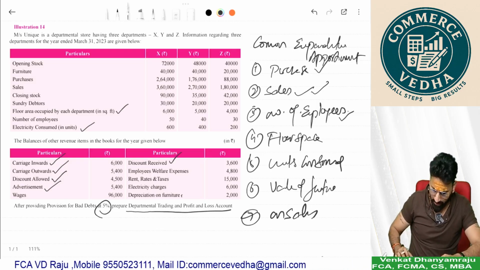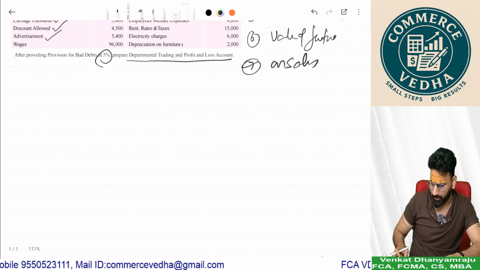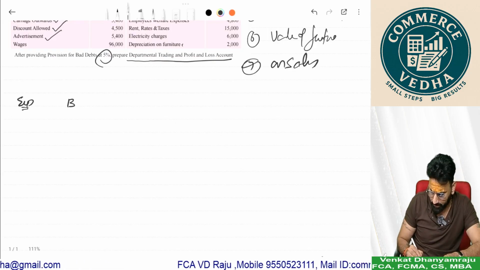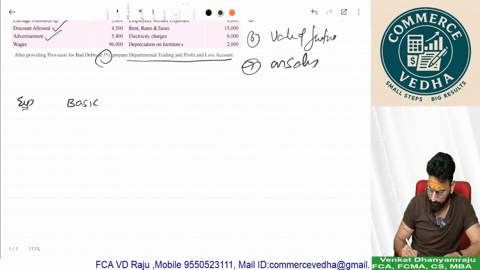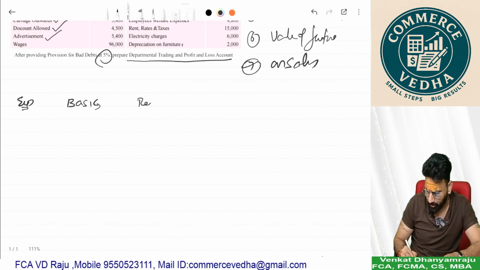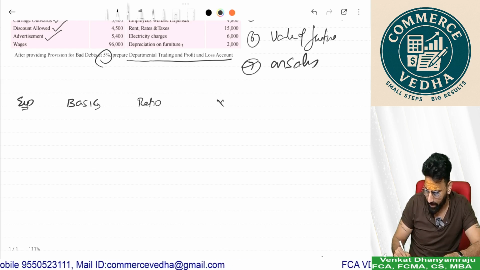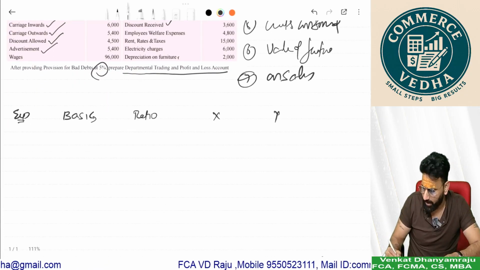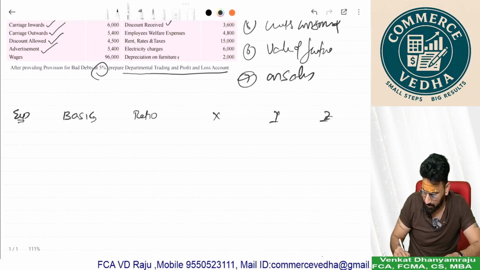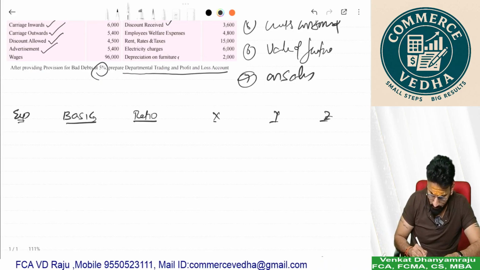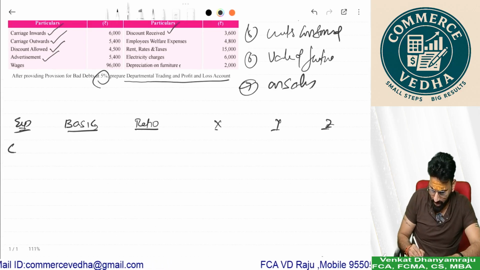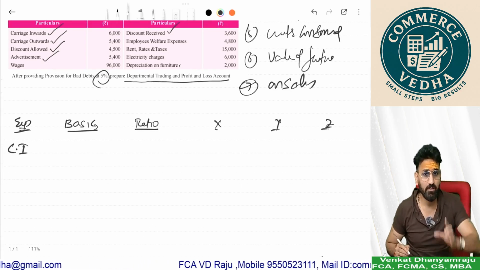Let us write down the expenditure in order here. I'll write expenditure, basis, ratio, department X, department Y and department Z. First common expenditure is carriage inwards.